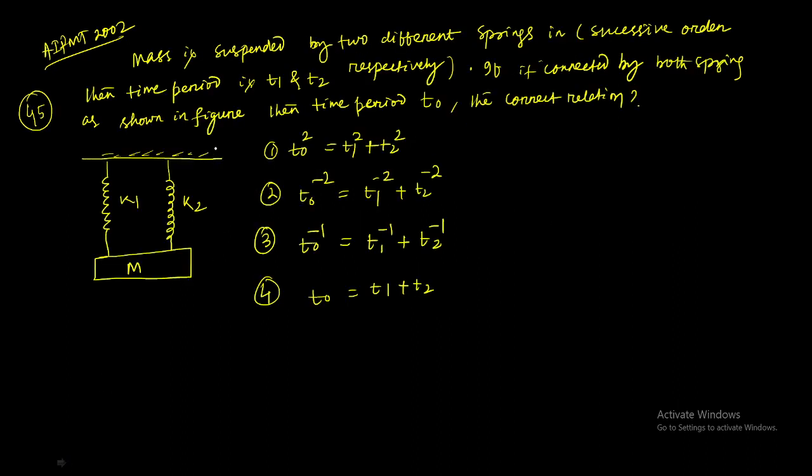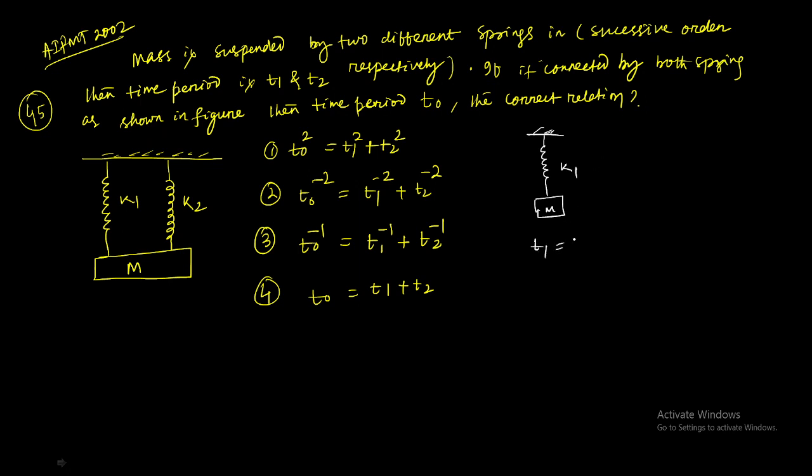Now 45. The mass is suspended from two different springs in successive order. Then the time periods are T1 and T2. So initially what they are telling, if the mass is suspended from K1, the time period is T1.